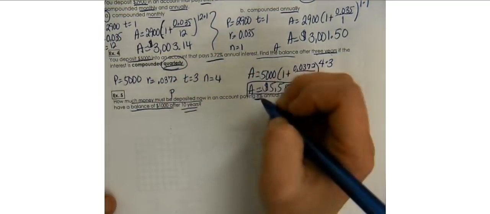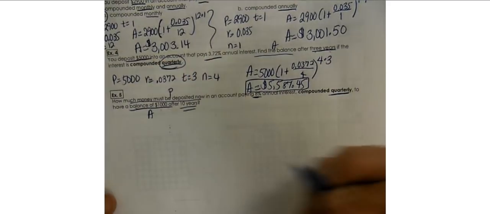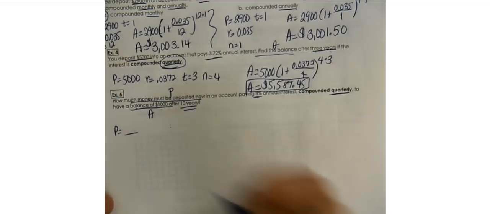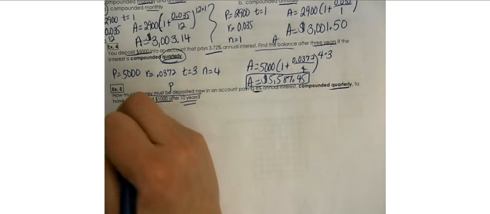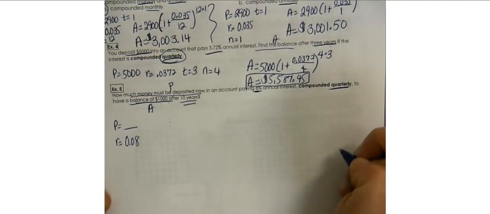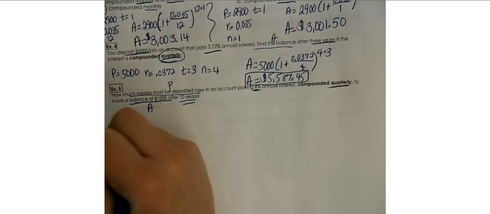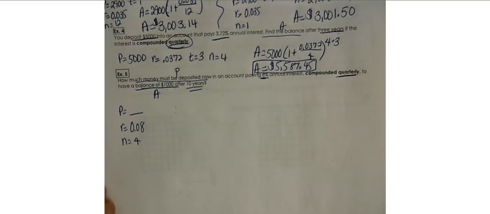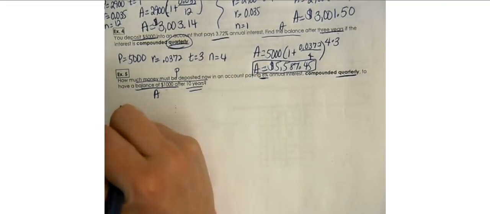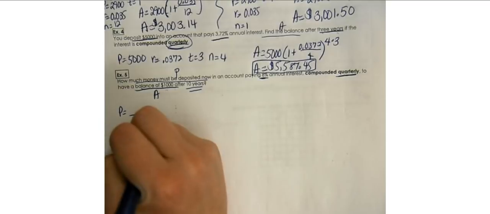In this case, our ending amount is going to be $1,000. So P is what we don't know. What I do know is that my rate is 8%, and I would write that as 0.08. I know that interest is being compounded quarterly, so that means that N will equal 4. My ending balance is $1,000, so A is 1,000, and it's taking place over 10 years, so T is equal to 10.